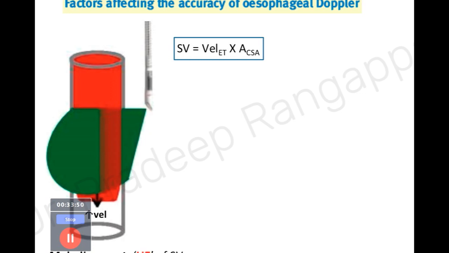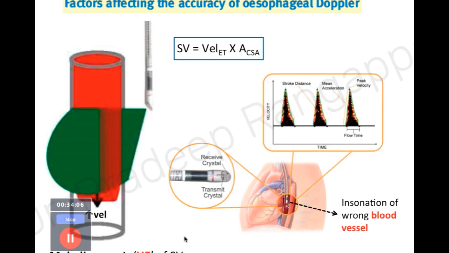and velocity ejection time is created. The problem with the factors that can influence the measurement of cardiac output is if this Doppler is not aligned properly to the aortic blood flow, then it can lead to underestimation of the stroke volume. Or sometimes the esophageal Doppler may be insonating the wrong blood vessels. It is not necessarily insonating the aorta.